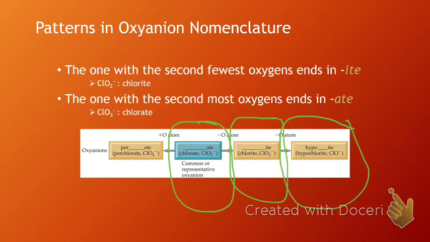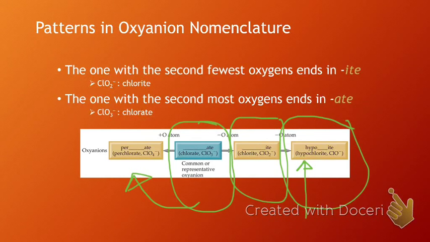If it's just ClO, so we just have 1 oxygen and still minus overall, it's called hypochlorite, because hypo means low, like hypoglycemia has low blood sugar. If it has 1 more than chlorate, you add per as the prefix, similar to hyper, but this doesn't have the HI.